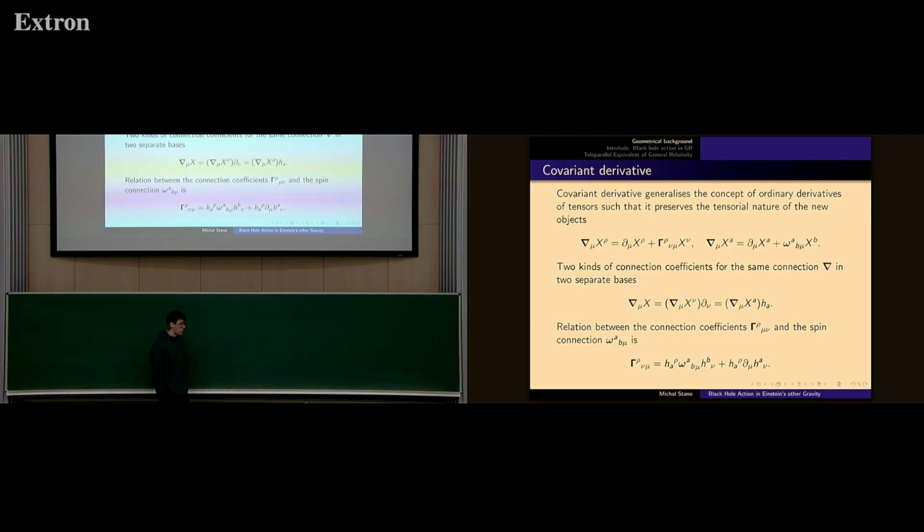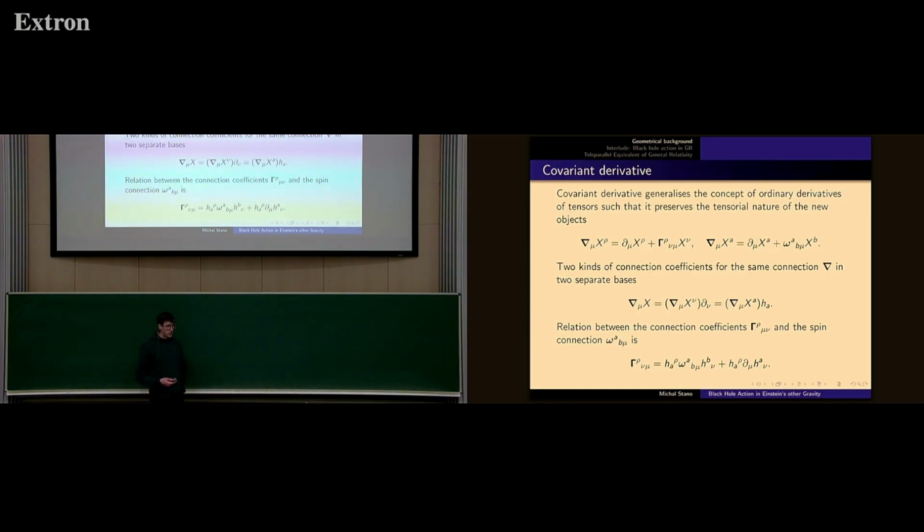Okay, but once we realize that these are merely two kinds of connection coefficients for the same connection, in this case I've decided to denote this general connection by this bold nabla.